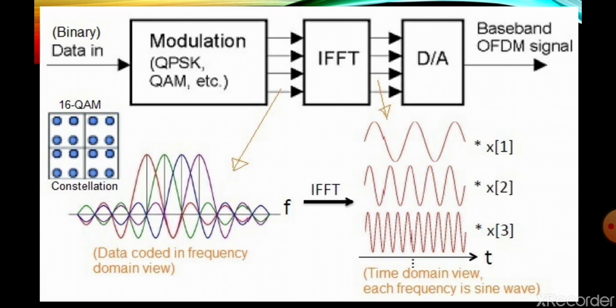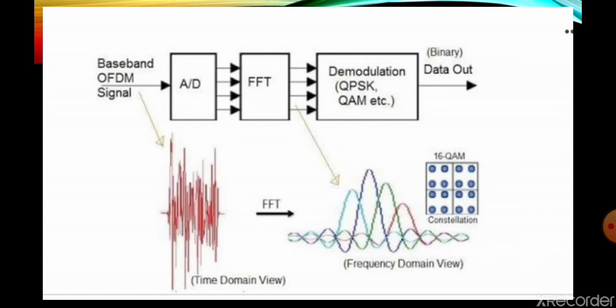So this is a closer picture of the signal for better understanding. At the receiver, what you receive would appear like the time domain view after the interference, the red one. And after performing FFT, you'd get back the frequency domain view.